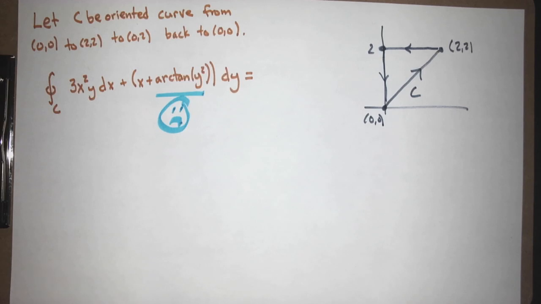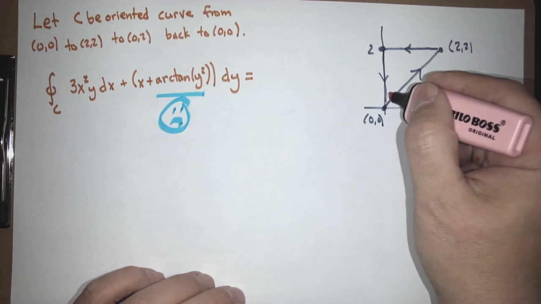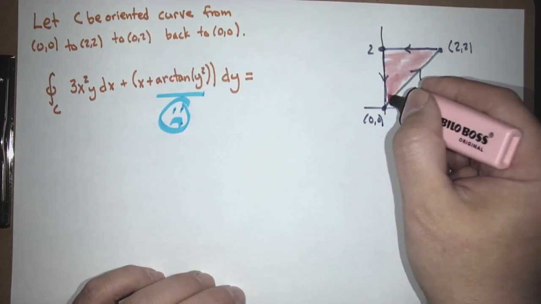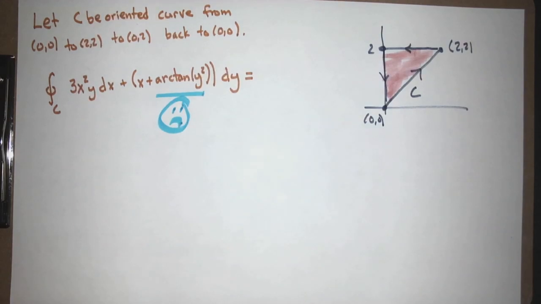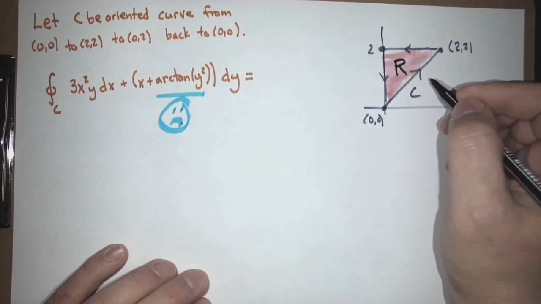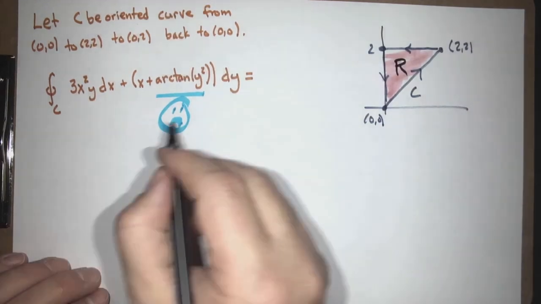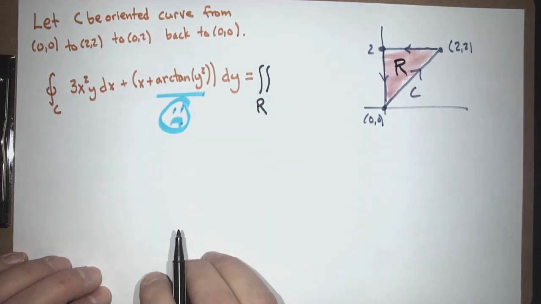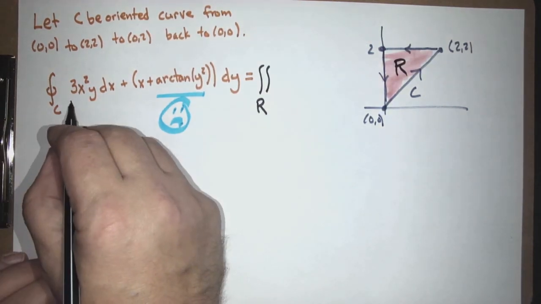But that's okay. Because we say, aha, we have a new tool. What can we do? We say, look, this curve, since it's closed, it bounds a region. So here's our region R. So this is equal to the integral over our region R. And now we just have to remember the formula.